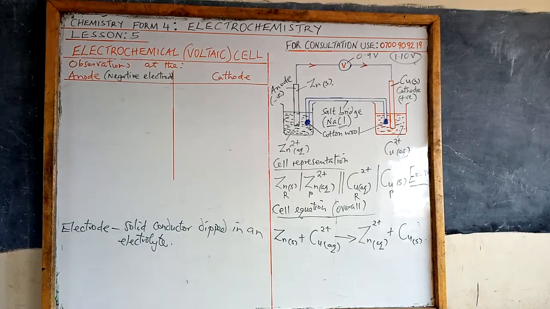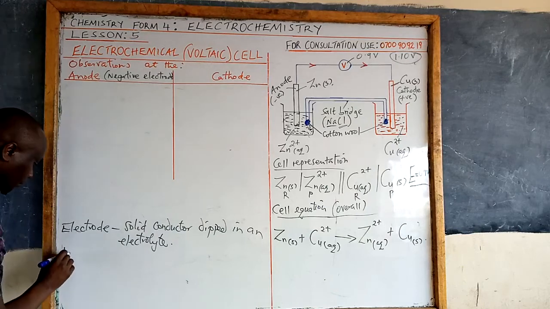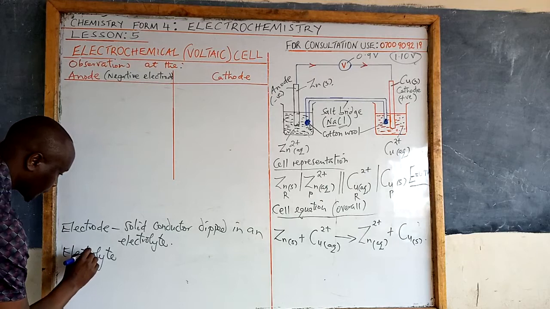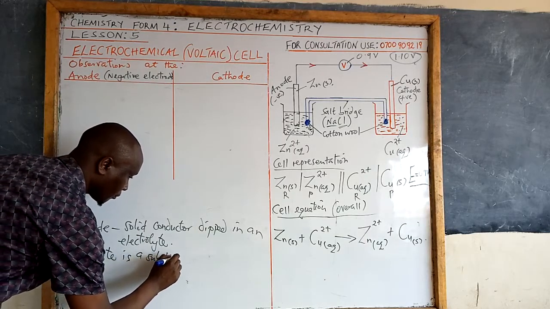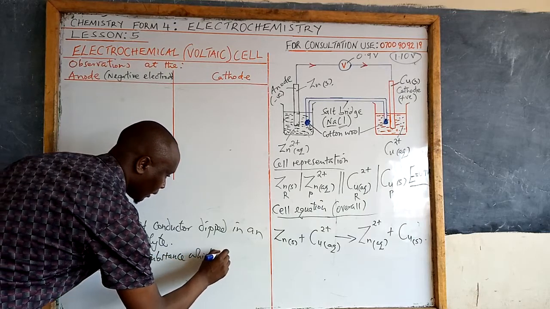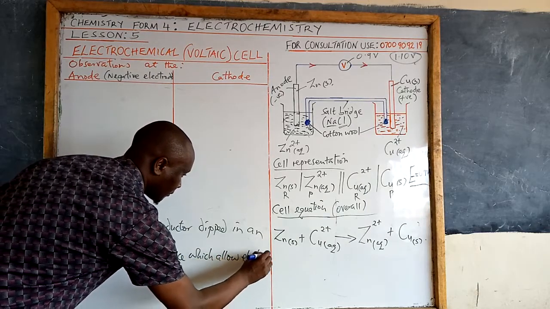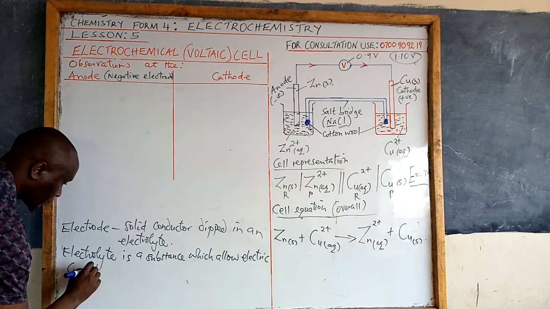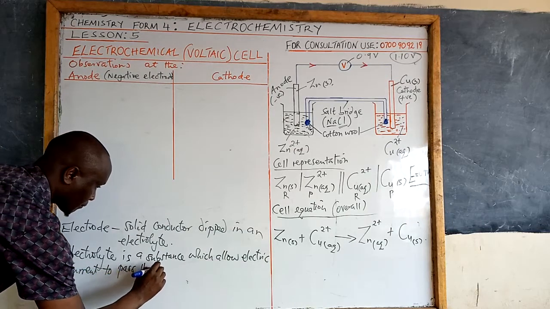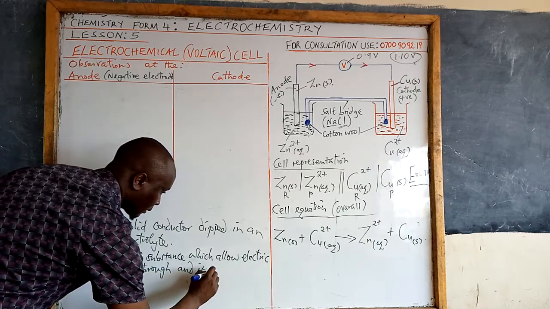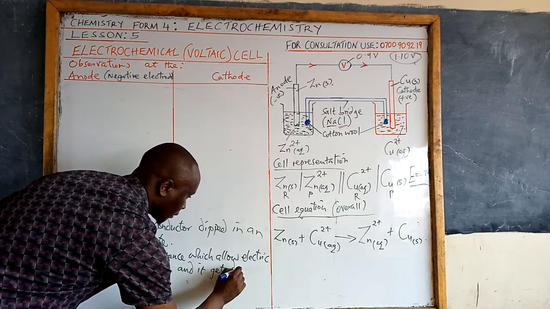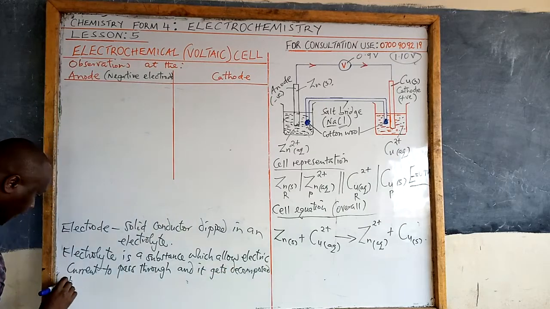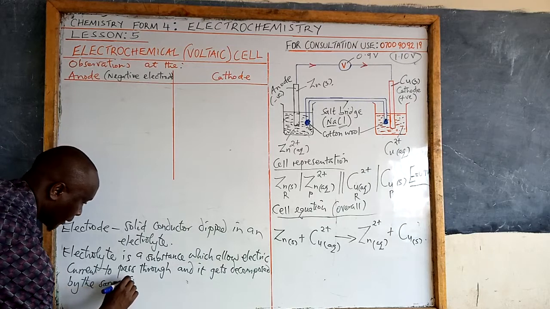An electrolyte is a substance which allows electric current to pass through it, and it gets decomposed by the same current. Now that is what we refer to as an electrolyte.